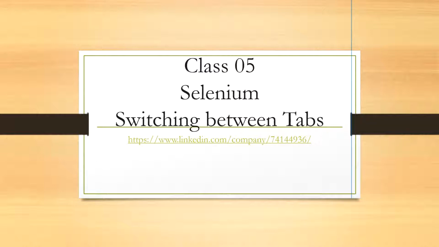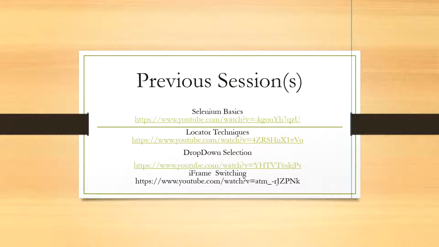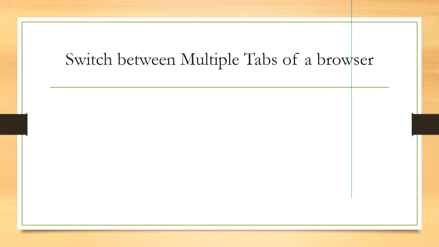Whenever we have a situation where we have multiple tabs on a browser, or a link which behaves in a way that it opens a new browser, a new tab, or a new window after a click, in that case we need to switch between the tabs.